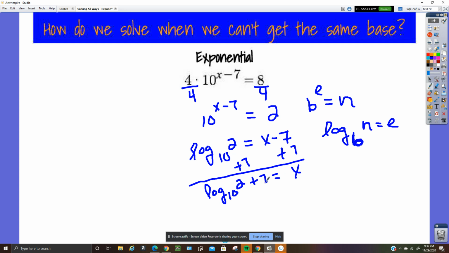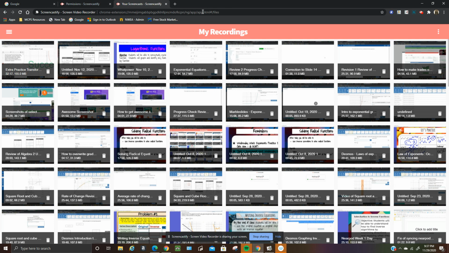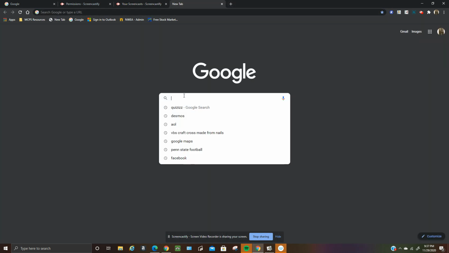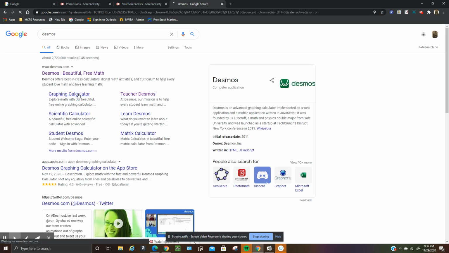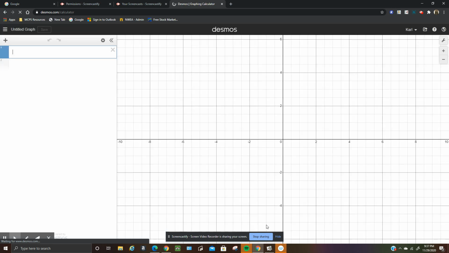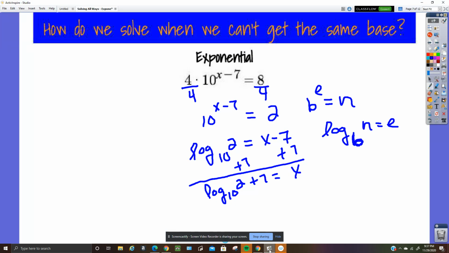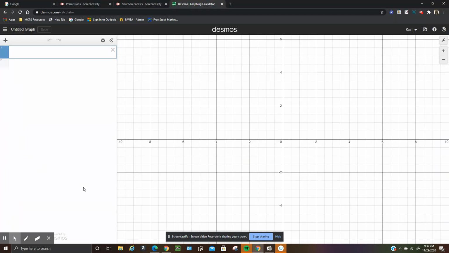You would put this on the calculator then and give the decimal approximation. Let me see if I can get a calculator here to show you. If you go to Desmos and the graphing calculator, I want log base 10 of 2 plus 7.